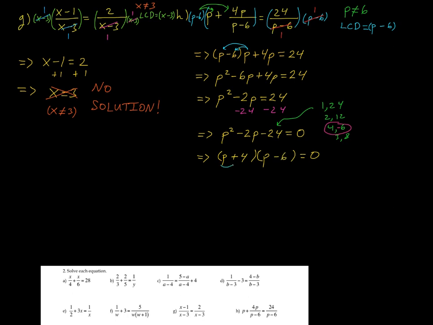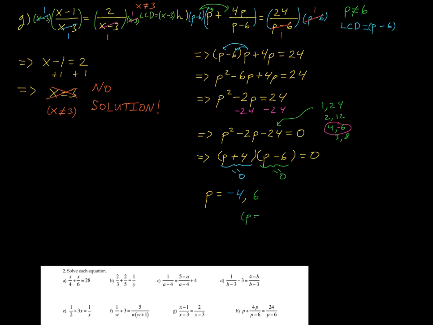So let's go ahead now and set each factor to 0. And so we'll get our solutions -4 and 6. However, be careful here. While -4 was not restricted, 6 was, right?